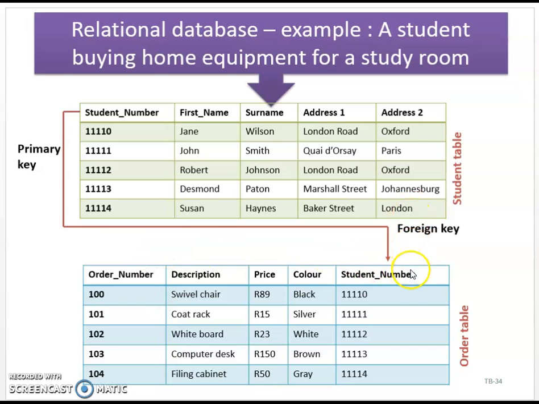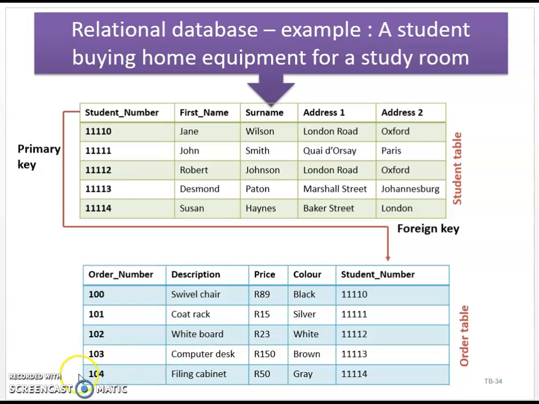Therefore, these two tables are linked together by using the student number. If we go to order number 102 of a whiteboard, we know that this was ordered by student number 11112. If we go to the student table, 11112 is Robert Johnson, therefore we know that this whiteboard marker was ordered by Robert Johnson.